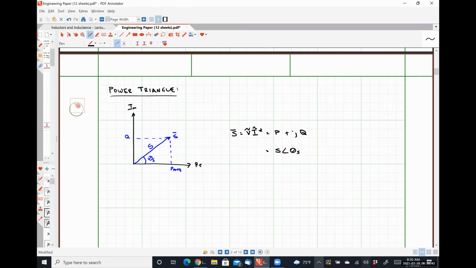If the triangle exists in the first quadrant, like the one I've drawn here, then our load is obviously inductive, and our power factor should be between 0 and 1, and it should be lagging.